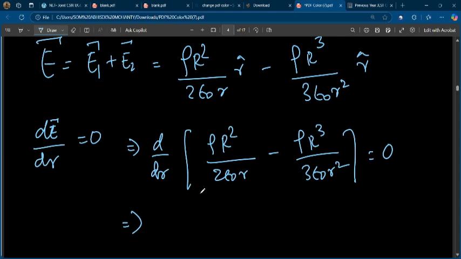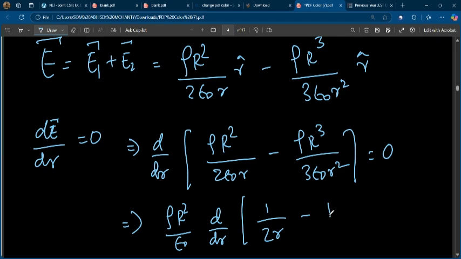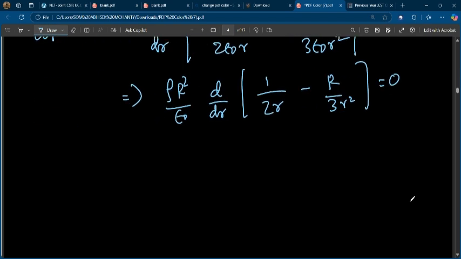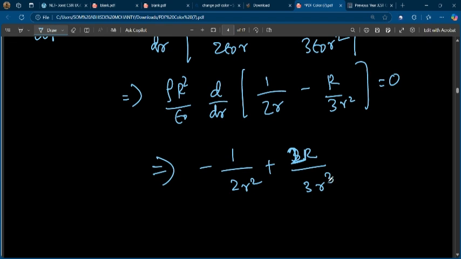So the derivative becomes, if I take rho R square by epsilon naught common, d by dr of 1 by 2r minus R by 3r square, equals 0. The derivative we have to take, so minus 1 by 2 r square plus 2r by 3 r cube is equal to 0, correct?